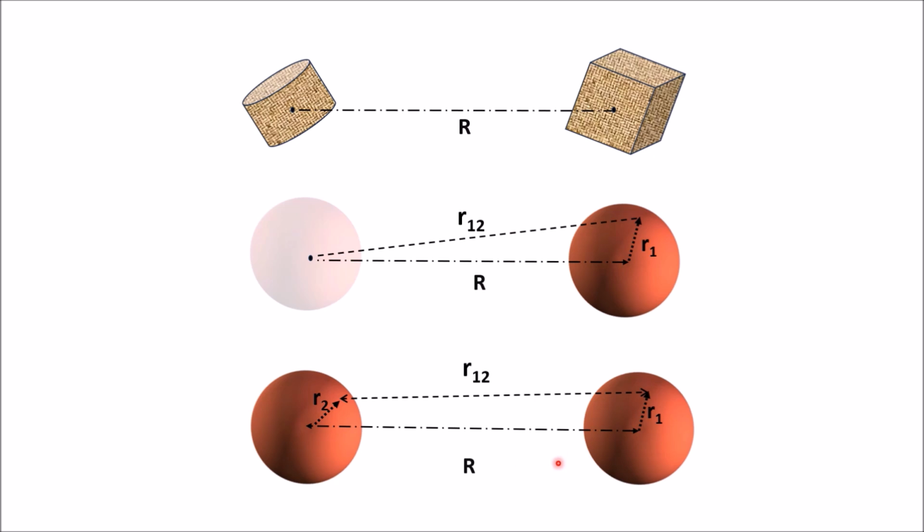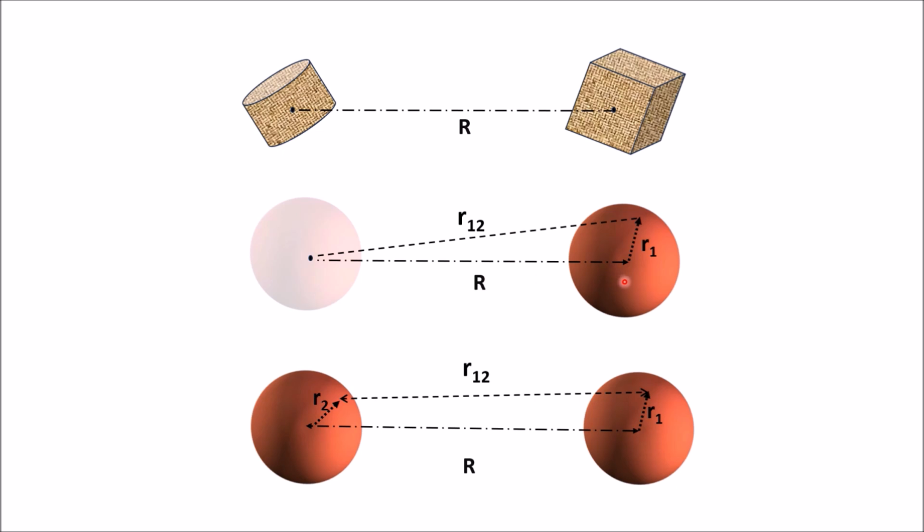However, he couldn't solve that general problem. So what he did was he used a concept that he was very comfortable with, and we are too, perhaps unfortunately, and that is the idea of the center of mass. He reduced one of the objects to a point mass, located at the physical center of mass of the object.